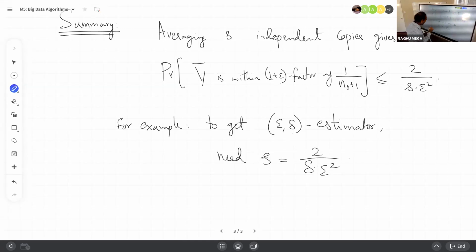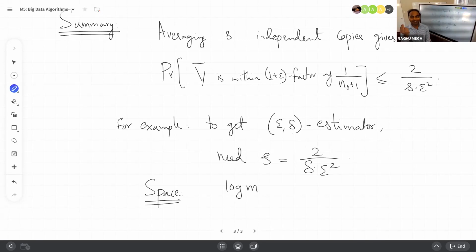And what's the total space? The total space is log m. I just need to store this minimum value, and that's within log m precision.